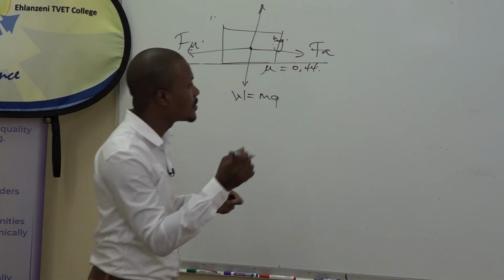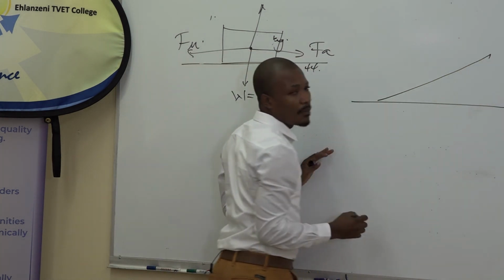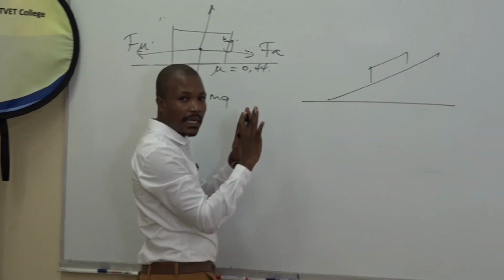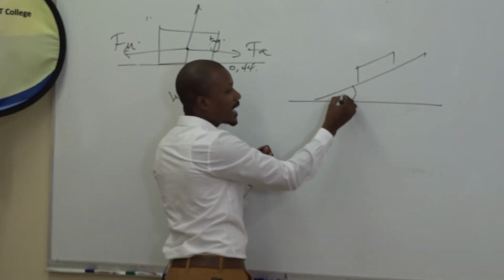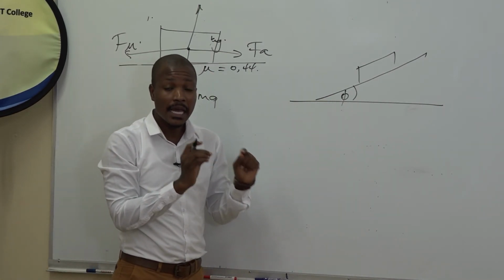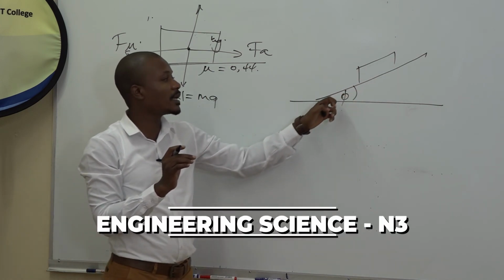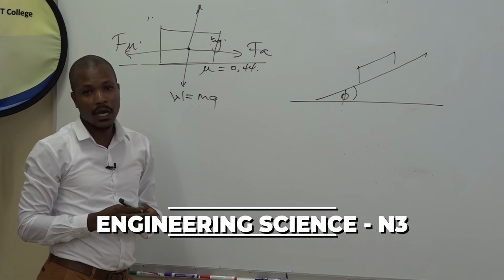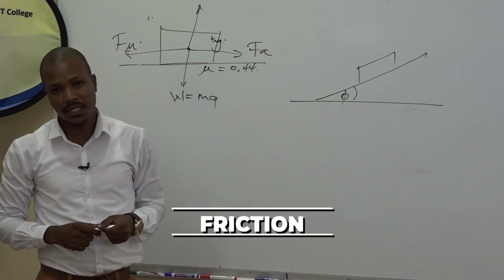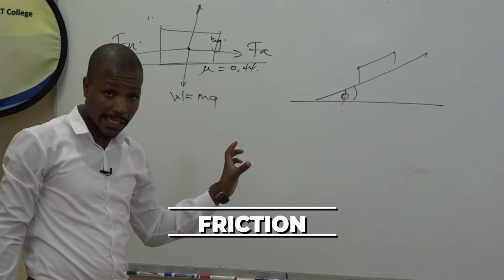Just to give you a simple scenario, when we speak of an inclined plane, this is what happens. This is where you have an object which is placed on an inclined plane, the inclined plane making a certain angle theta. We need to know what this angle is. Remember, for this object to slide, we need to understand how much angle we are having there. And we are also going to be looking at the forces which are affecting this particular object when it's placed on an inclined plane.